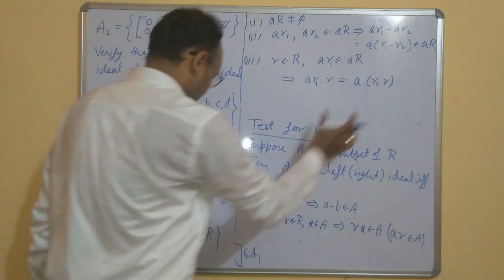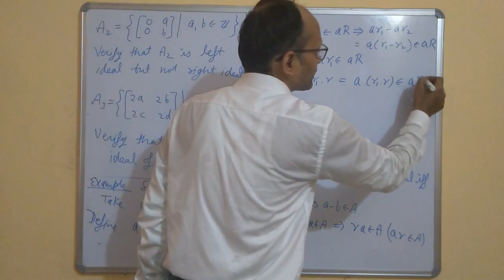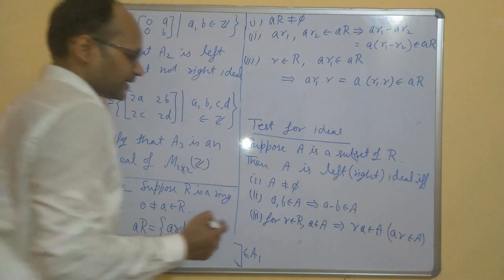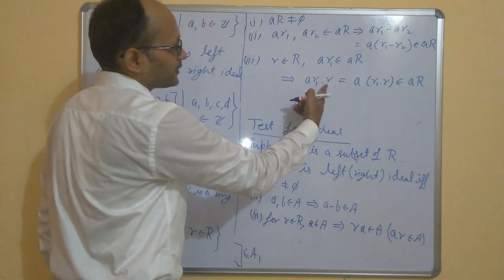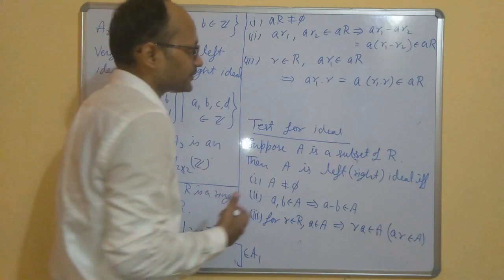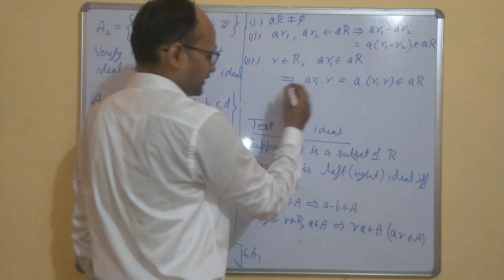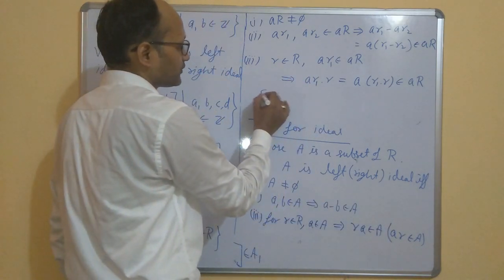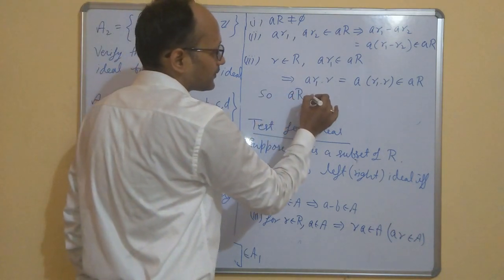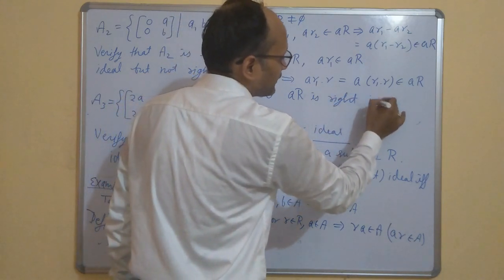So this is again of this form AR. So this belongs to AR. As you can see, when we multiply by an element of the ring from the right side, it belongs to AR, so it is a right ideal. So AR is a right ideal.